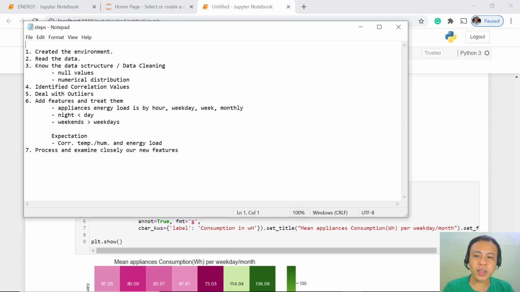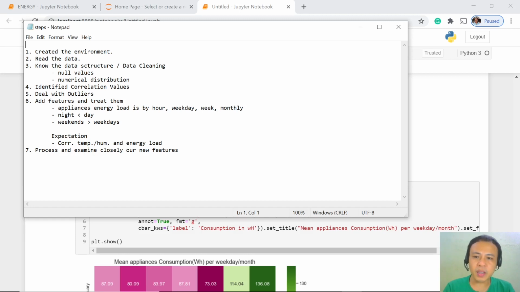And then we also added features and we treated them. How we did that was we considered the energy load by hour, weekday, weekly, and monthly. We also made our assumptions that the consumption during the nighttime is less than that of the daytime, and also that weekends are higher than weekdays.